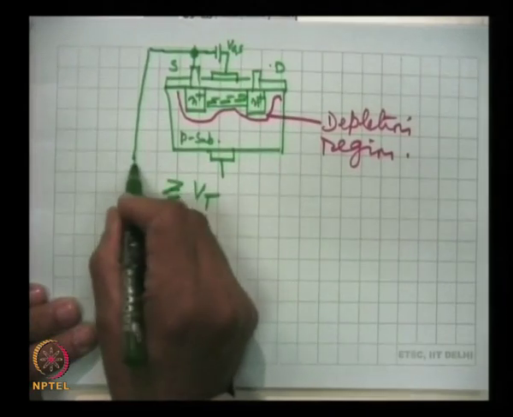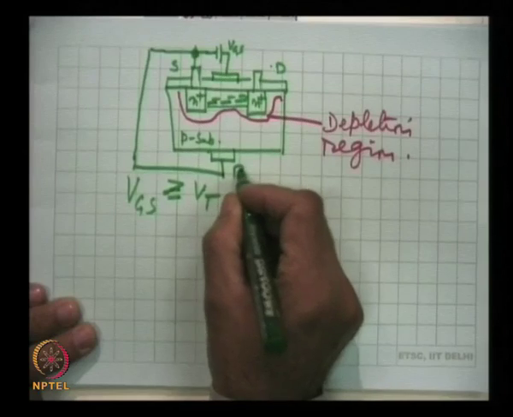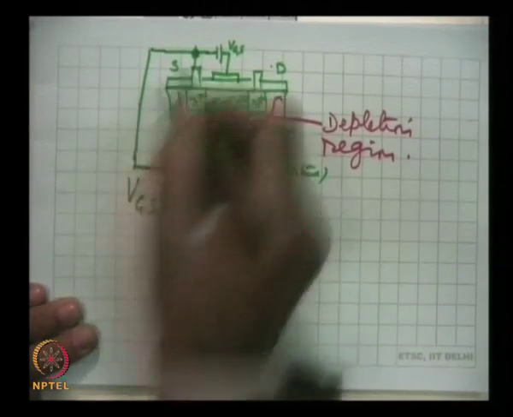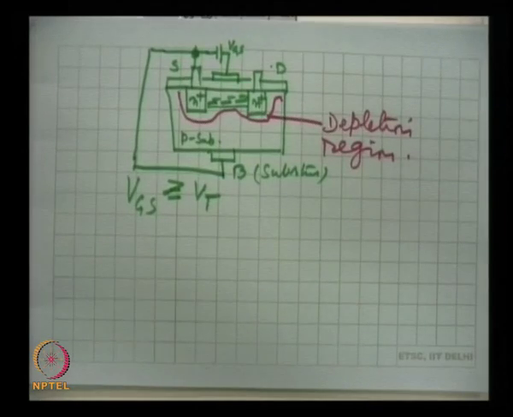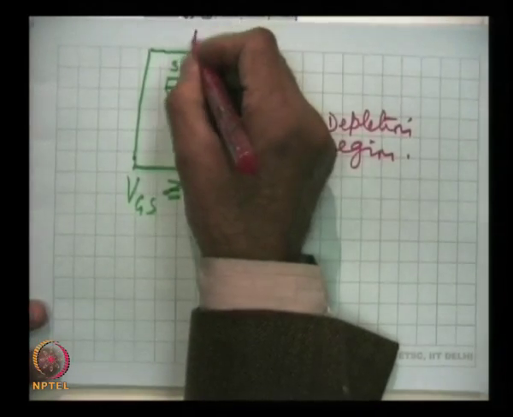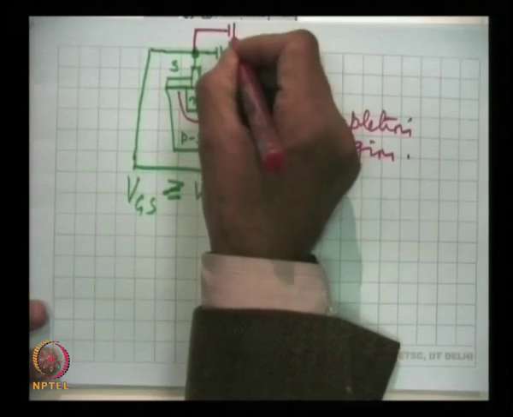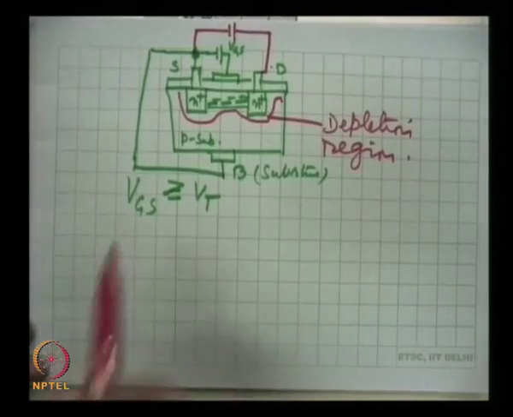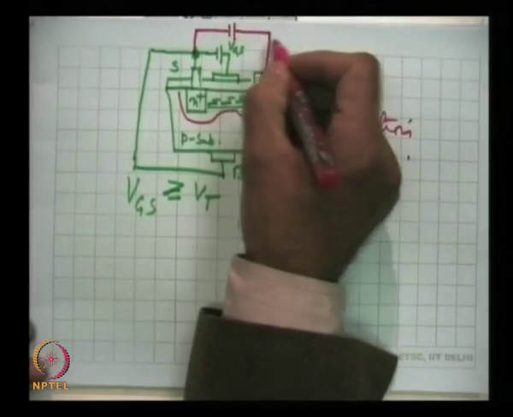This is shorted to this substrate B. If we establish a potential difference between drain and source, this is VDS.